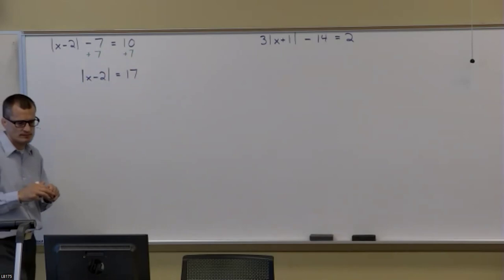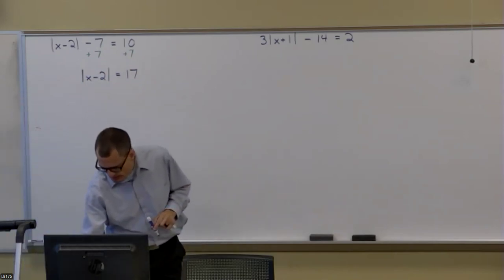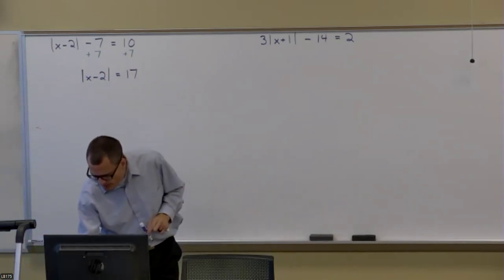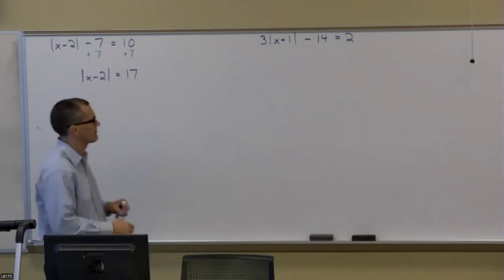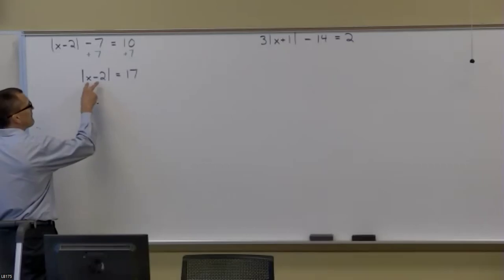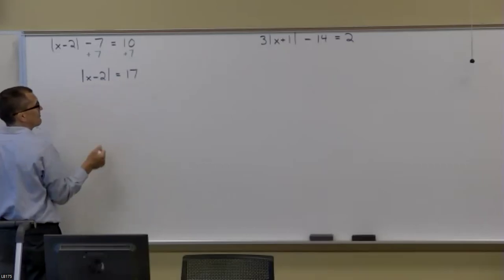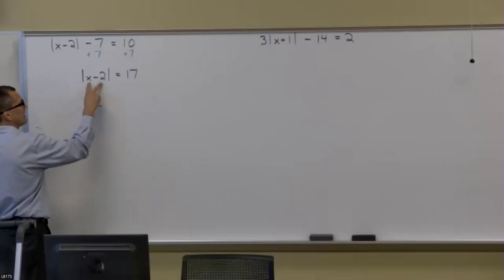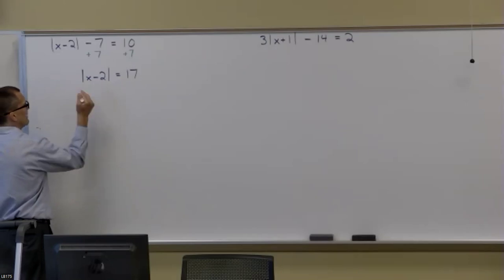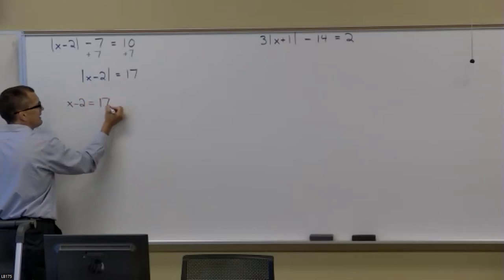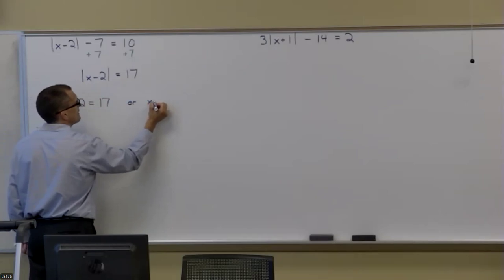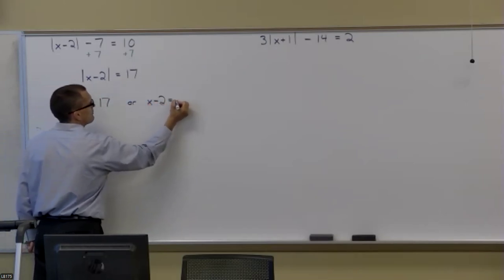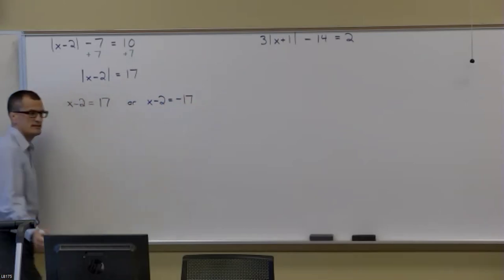And then we have absolute value equal to a positive number. So the thing inside the absolute value could have ended up being a 17, or the thing inside the absolute value could have ended up being a negative 17.